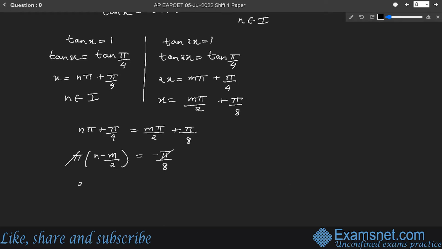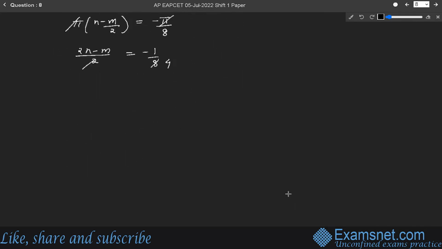On taking LCM, it becomes 2n minus m upon 2 is equal to minus 1 by 8. Again 2 and 8 will be cancelled, so we get 2n minus m is equal to minus 1 by 4. Multiplying by 4, it will be 8n minus 4m is equal to minus 1, or we can say 8n is equal to 4m minus 1.